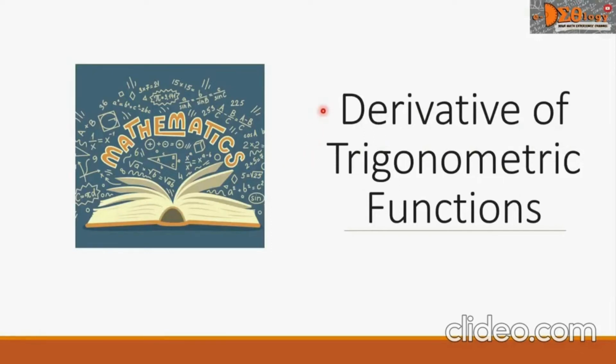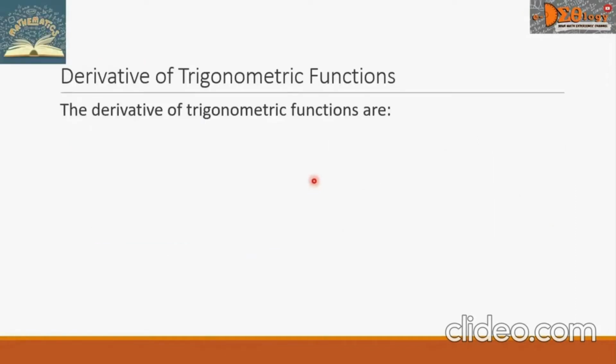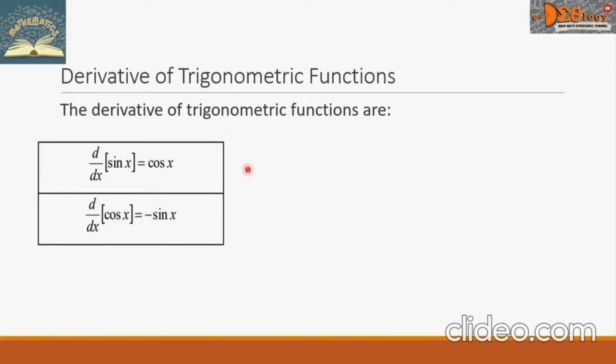Today, we're going to study derivatives of trigonometric functions. The derivatives of trigonometric functions are: the first two, d over dx of sine x is equal to cosine x.